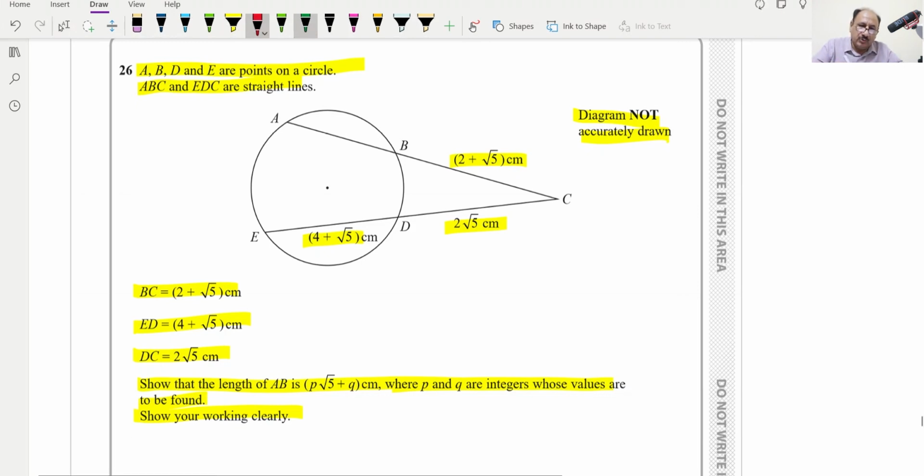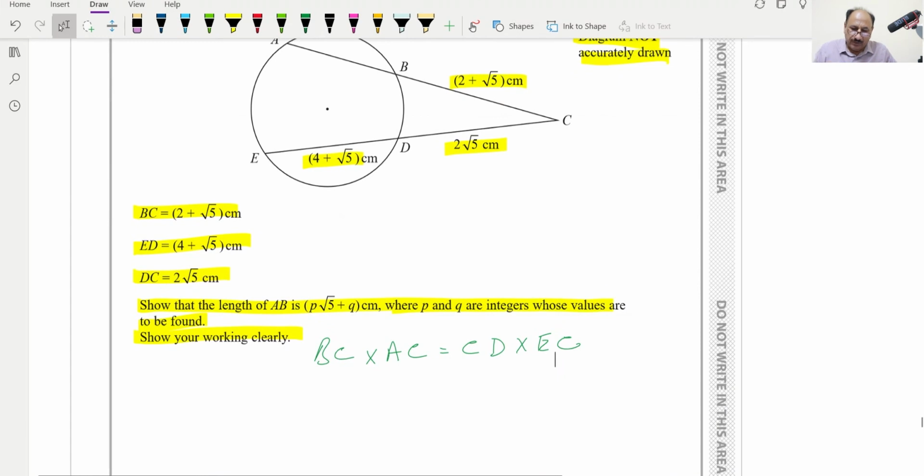So what we will do, we can write BC. Basically the equation which we can form is BC multiplied by AC will be equal to CD multiplied by EC. Now we can replace the values.